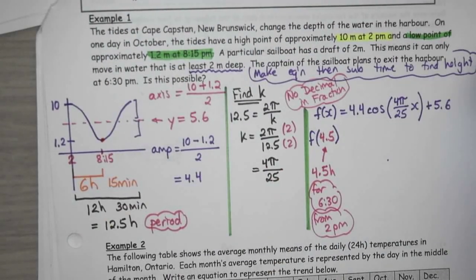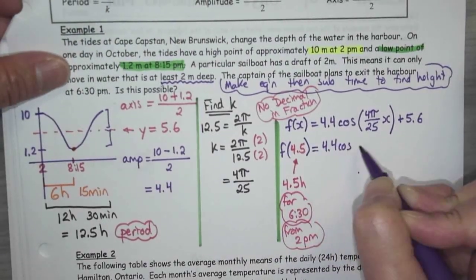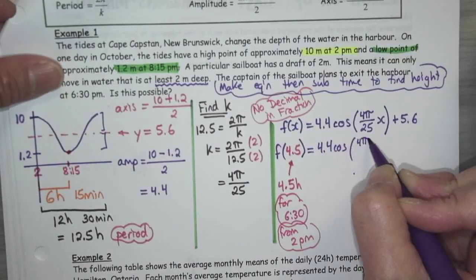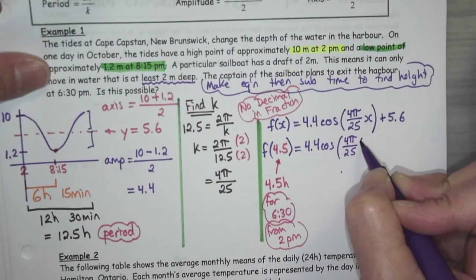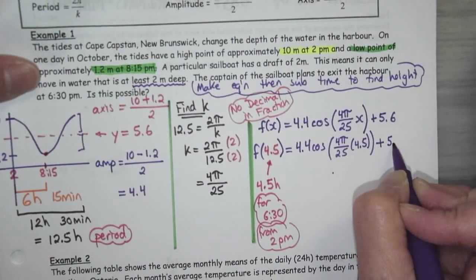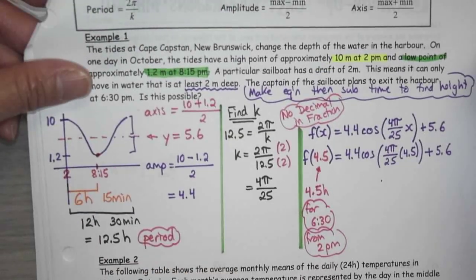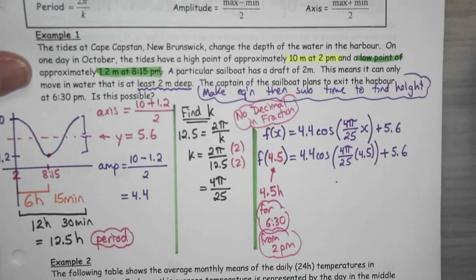You have the whole equation there, just watch out. Okay, so plug this into your calculator: 4 pi over 25 times 4.5 plus 5.6. I get so many people who put in 6.5. You're like, no, it's from 2 o'clock. So just be a little careful there.